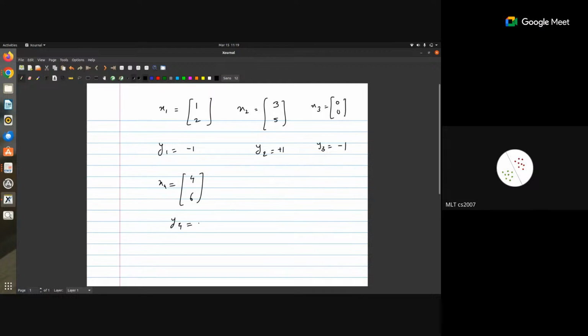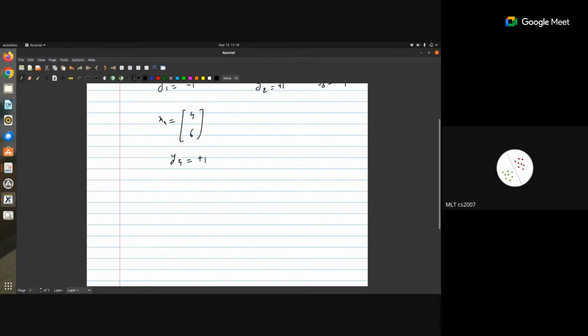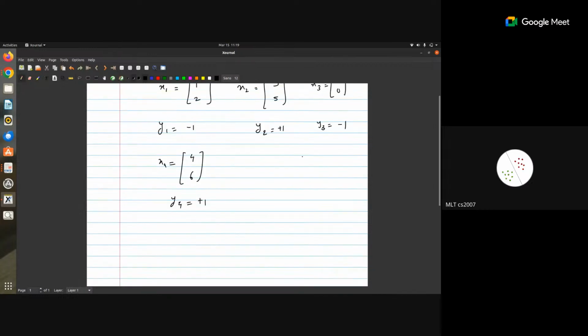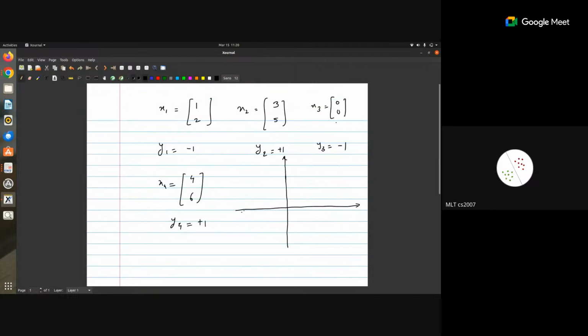In what dimensions is this data set currently? Two. If you don't consider the labels as a third dimension, this data set is in two dimensions. Since we can plot two-dimensional data easily, let's plot it. The first data point is 1, 2.